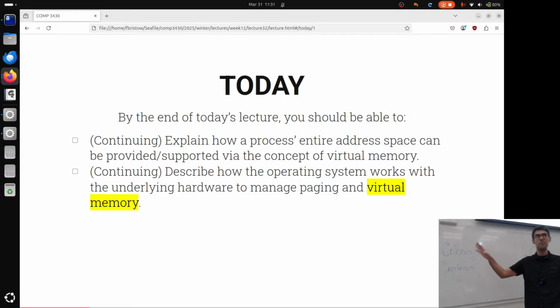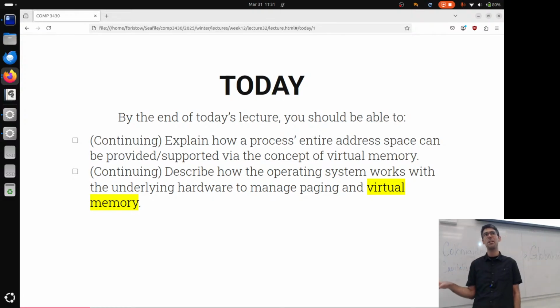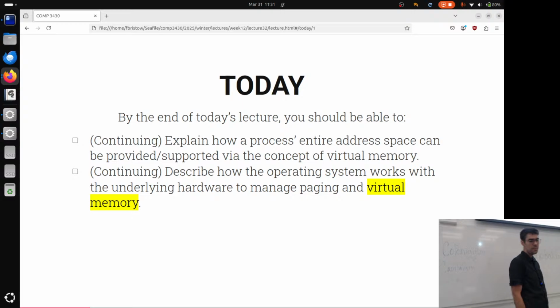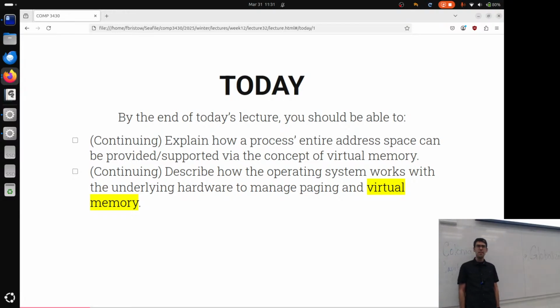I might stop saying this at the beginning of every class, but since we're at the start of a new week, I want you to be able to continue to explain how a process's entire address space can be provided or supported via the concept of virtual memory. And I want you to continue to be able to describe how the operating system works with the underlying hardware to manage virtual memory.